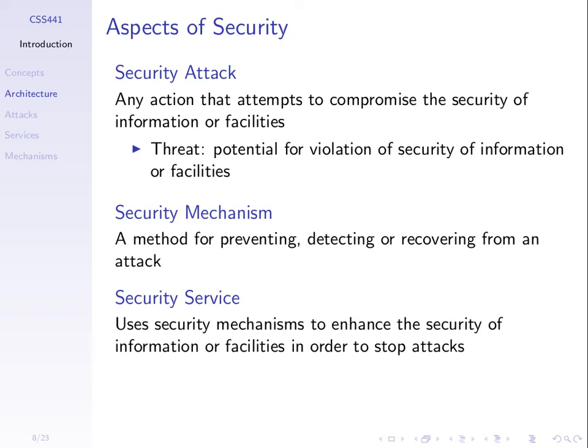So we'll talk about mechanisms that are used to prevent, detect and recover from attacks. And in fact, that's what our course focuses on. We'll spend a lot of it on one of the mechanisms, being encryption. Together we use a set of security mechanisms to enhance the security of our information and facilities to stop attacks.